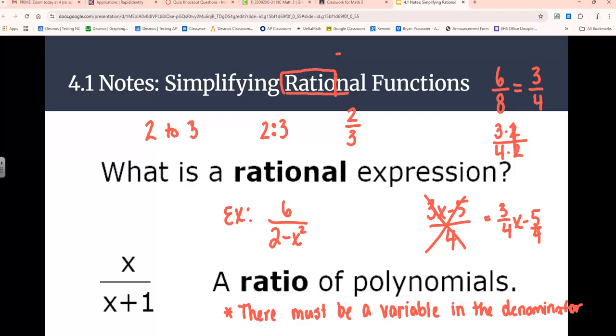When you multiply something by 1, it's just itself, right? So the 2 on top and bottom could cancel, and I would just get 3/4. That's probably not the way you did it in elementary school, but that translates to what we're doing today. So reducing fractions is really what we're doing whenever we simplify rational expressions.